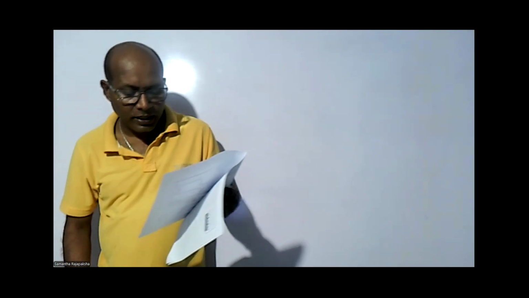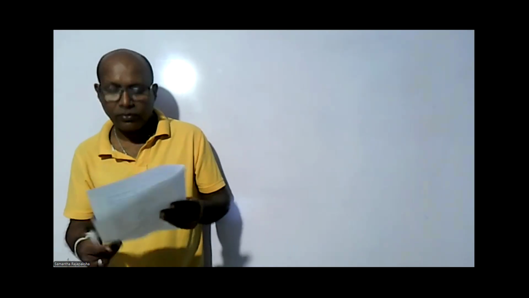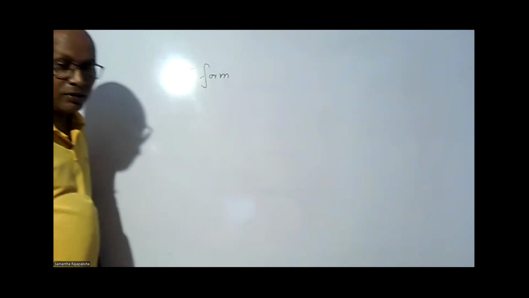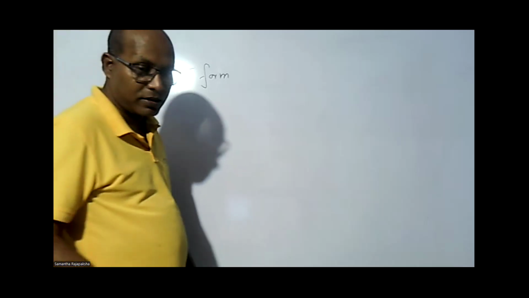Next question. Which of the following is not true about the get and post method in a form? Now remember, in HTML, when you are using the form tag, we have two attributes in the form tag.